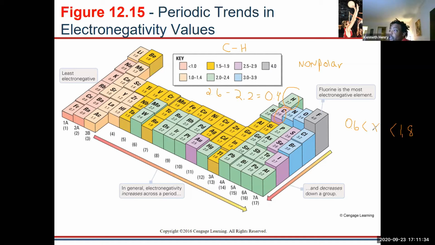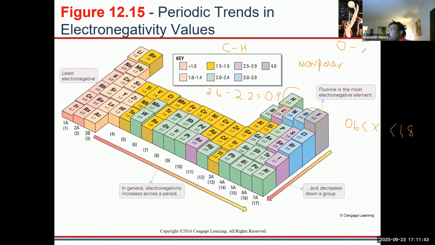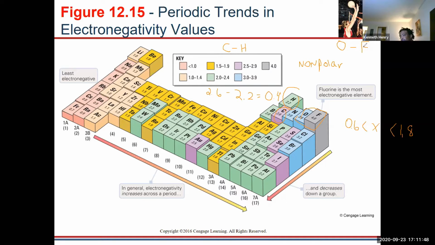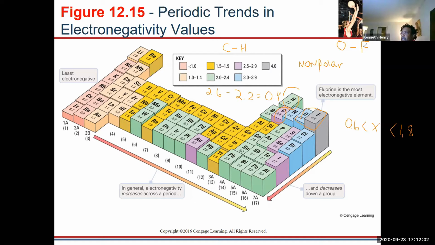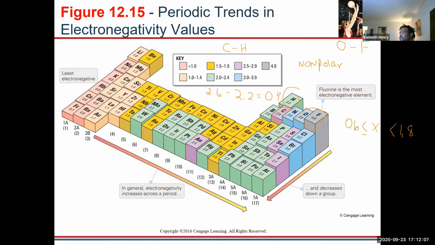Okay, so if I have oxygen and fluorine, what am I going to do? Is that going to be polar or nonpolar? It's going to be polar, right? Because, actually I should put equal here, it's right at that 0.6.